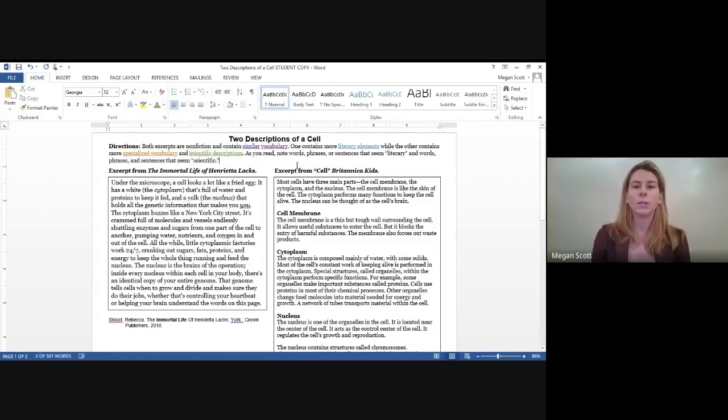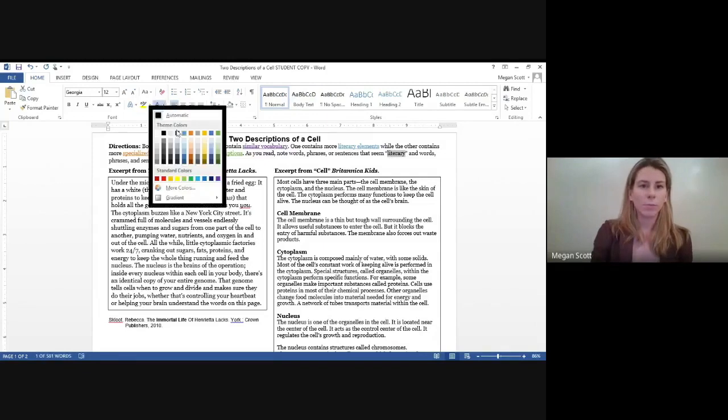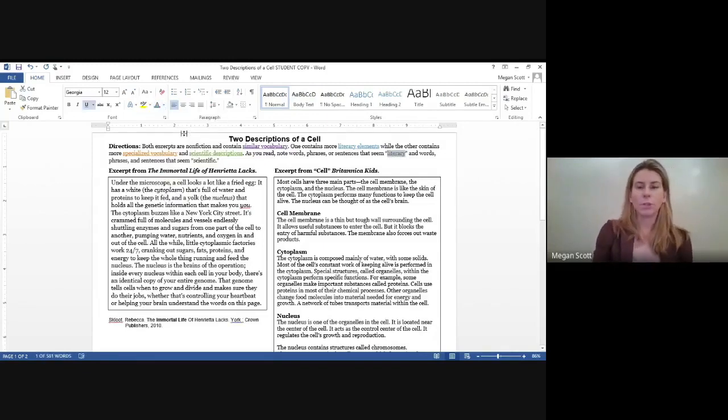As you read, note words, phrases, or sentences that seem literary. So these are going to seem more creative, maybe more descriptive, maybe figurative language. Maybe you'll see characters or rising action, some conflict, anything literary. Words and phrases that seem scientific.